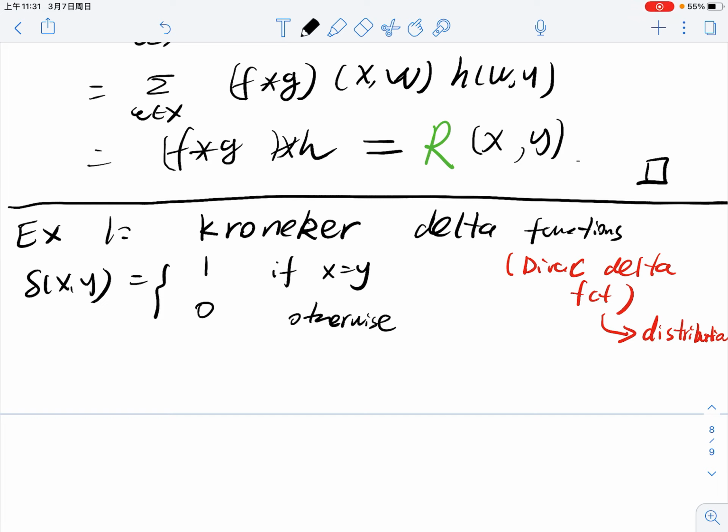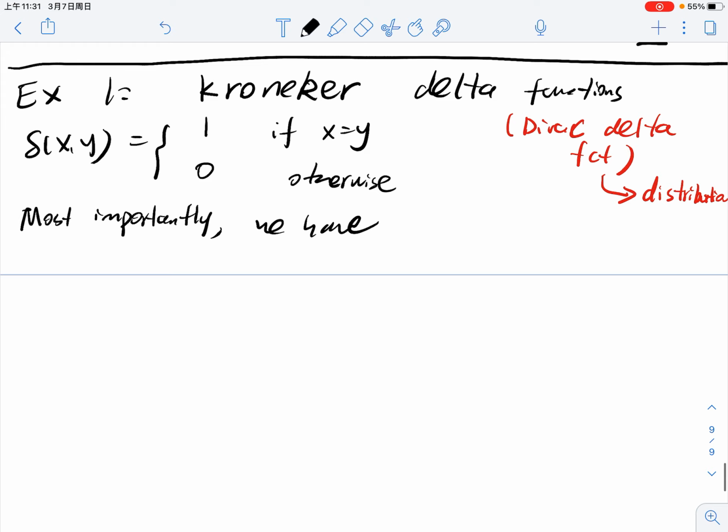And most importantly, we have delta convolved with f equals f convolved with delta equals f, for f in the space.